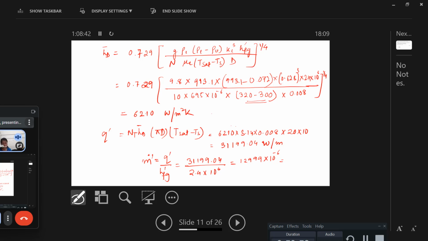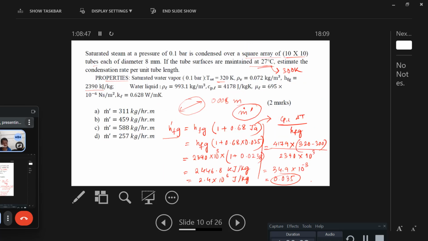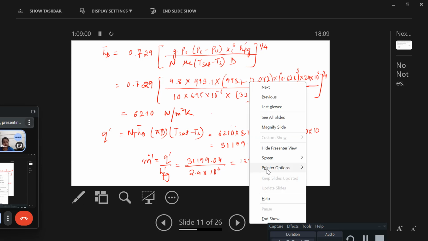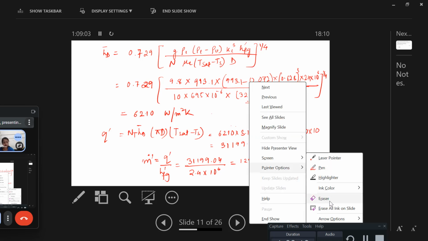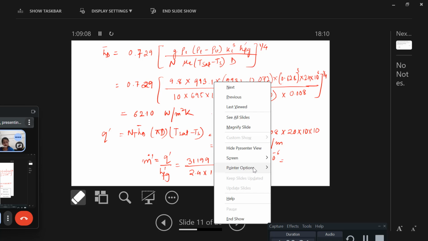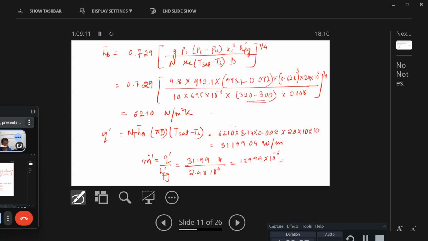So this is NT, which should be into 10 into 10 for this array. Alright, so if we multiply by 10, this should be like this.